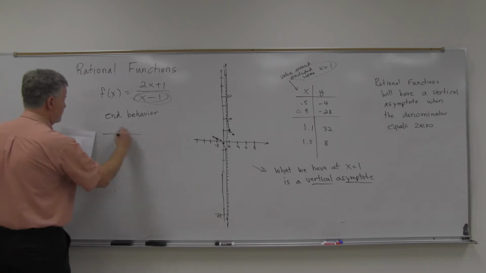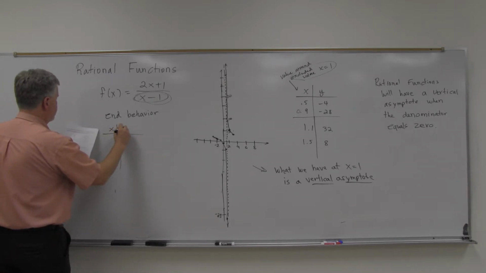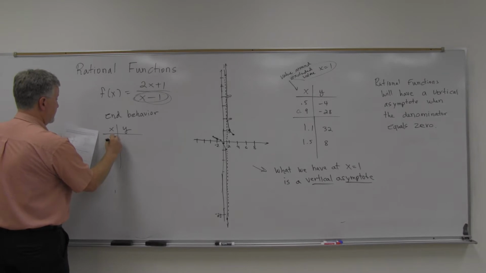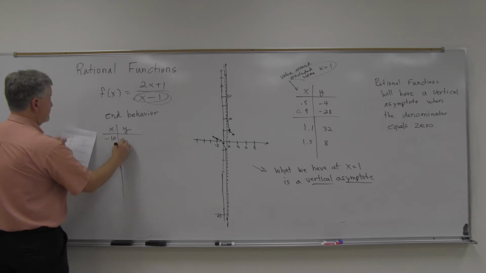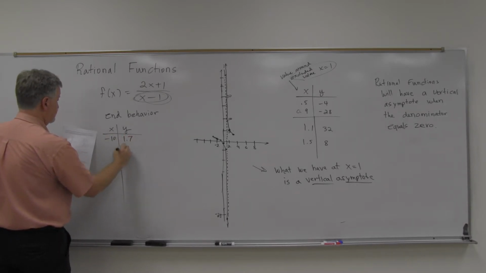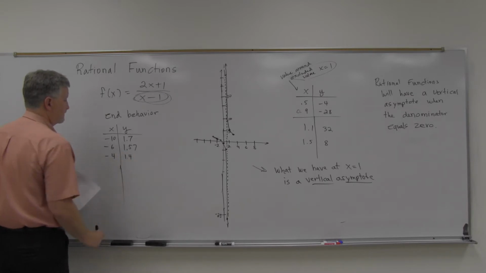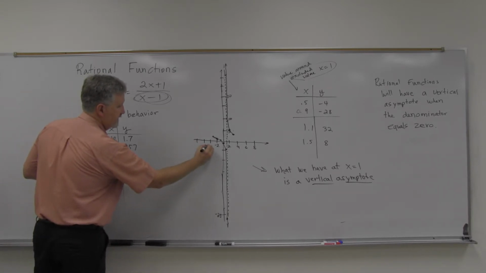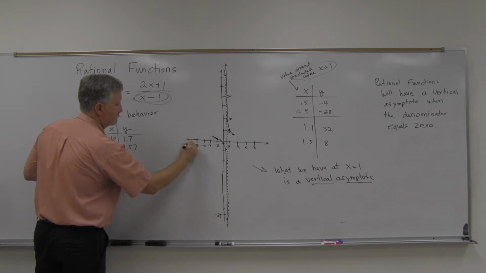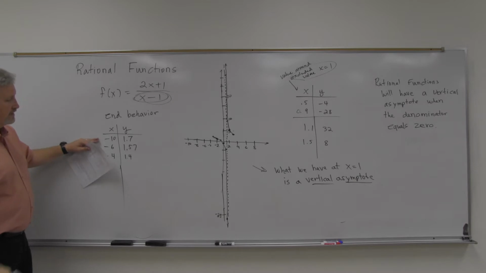And on the table I've already got there, you can check on these, I've gone ahead and computed at x is negative 10, the y is 1.7, at x is negative 6, y is 1.57, and at x is negative 4, we've got y is 1.4. So I'm looking at these values out here, all the way out to negative 10 is my first one on the table.